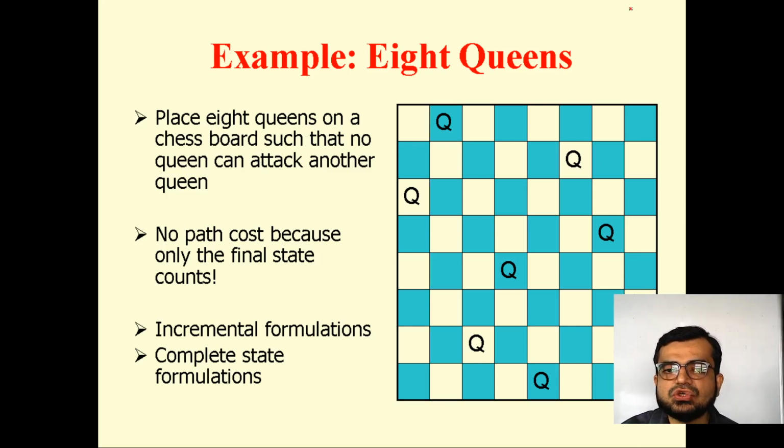I'm just referring to Q as one of the queens. The 8 queens problem is that you have to place 8 queens on the chessboard in such a way that, for example, if I am taking this queen in the first row, then in this first row no other queen should be there. Once I have taken Q here, there should be no other queen in this row.